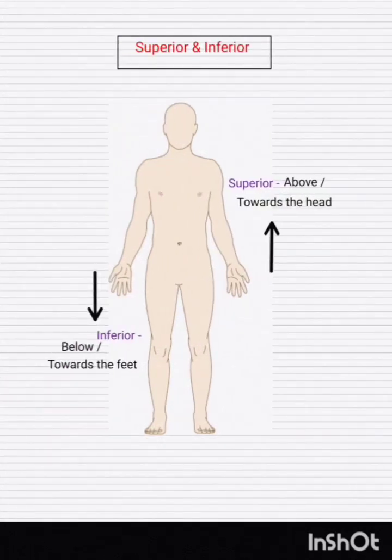Superior and inferior. Superior is above or towards the head. Inferior is below or towards the feet. For example, the head is superior to the neck and the stomach is inferior to the heart.